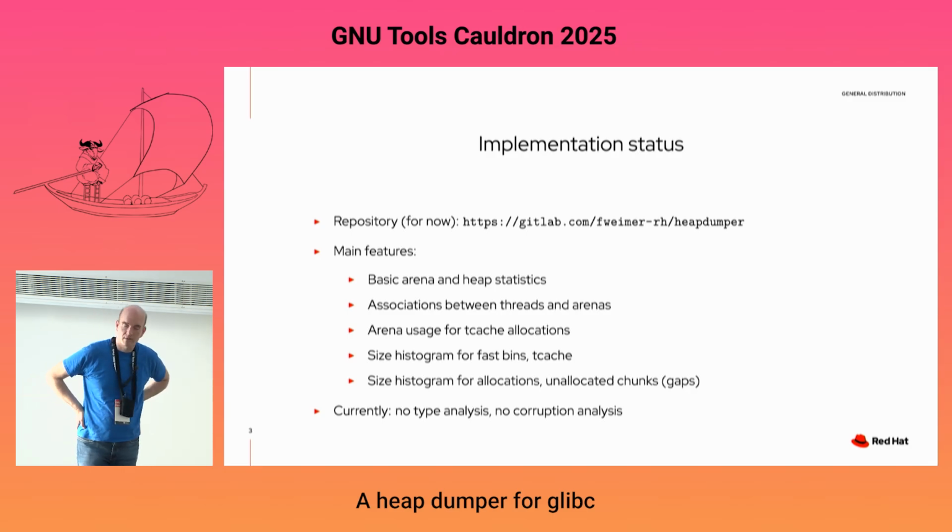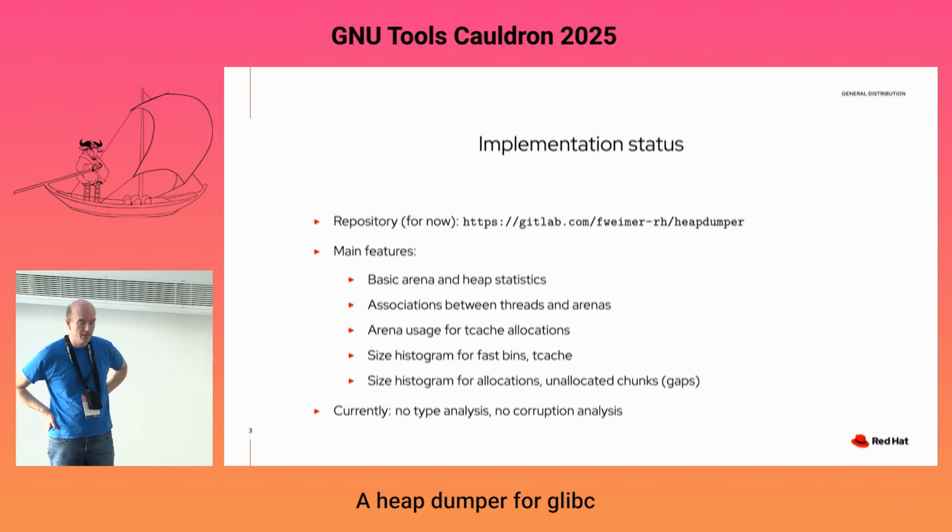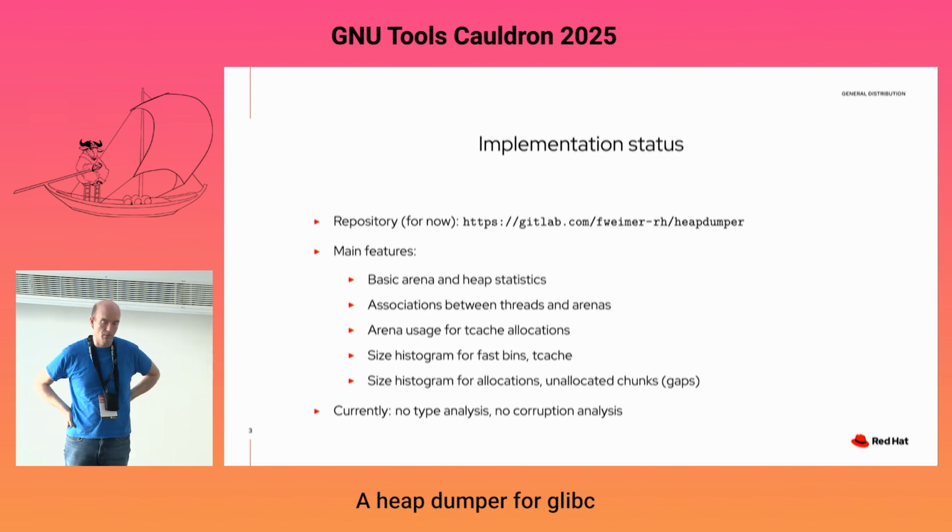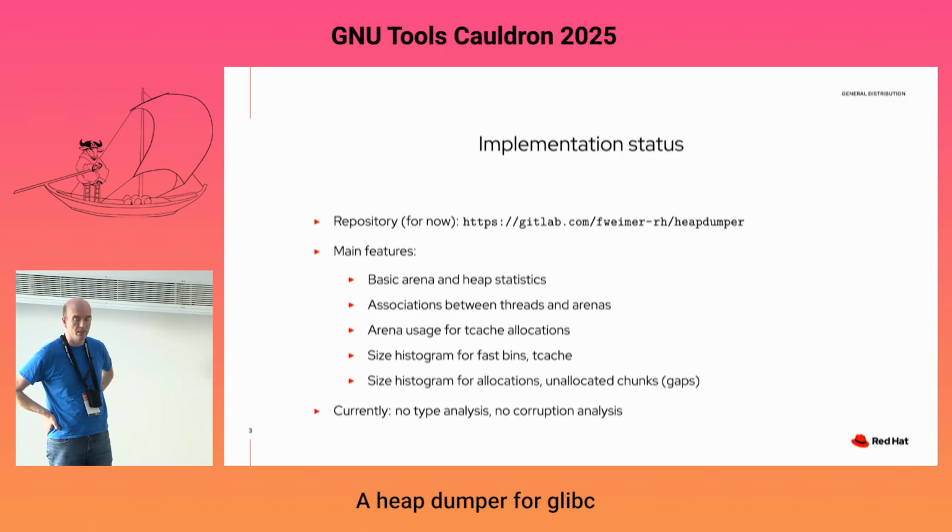We have size histograms for fast bins, for T-cache, and also, if you really want that, for allocations and the unallocated chunks between the allocations. There's no type analysis and no corruption analysis so far.